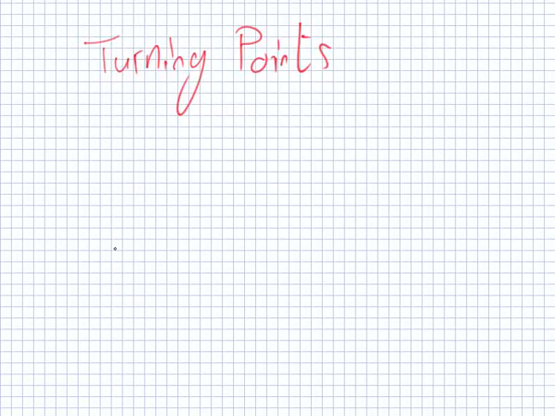We did turning points actually when we did quadratics. The turning point was the minimum or the maximum point on the graph. But what's nice about derivatives, it lets you find the turning point for any graph. And how does it do that?